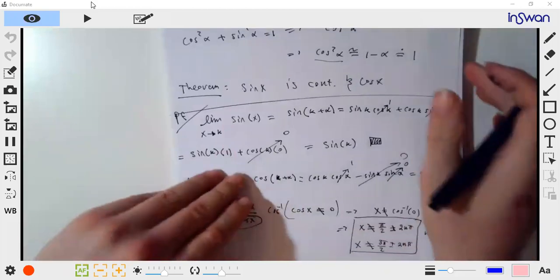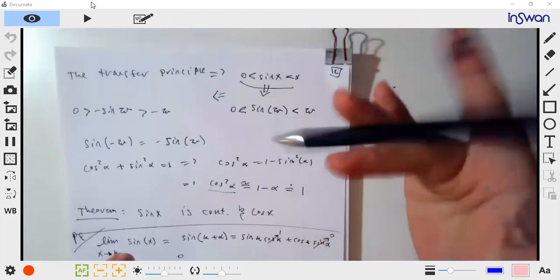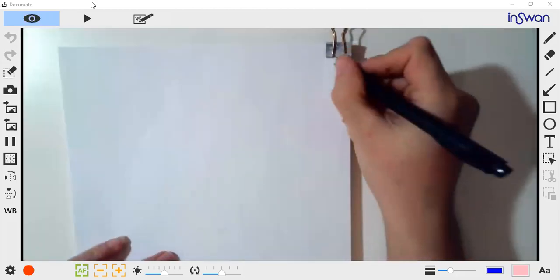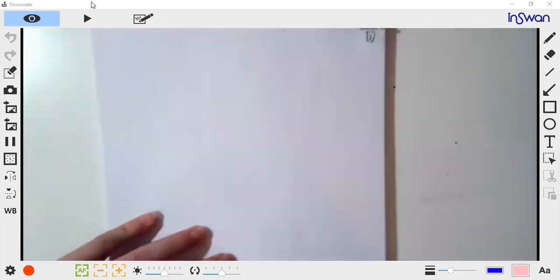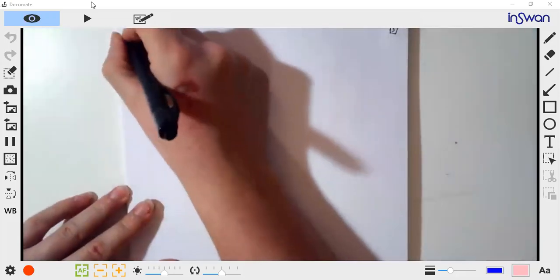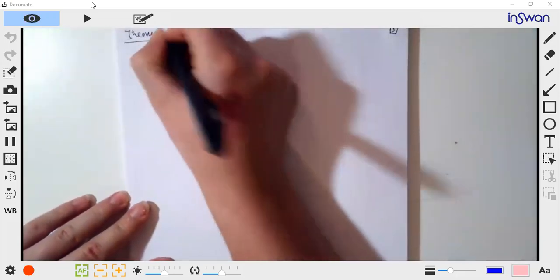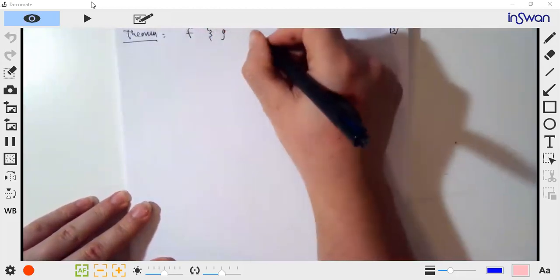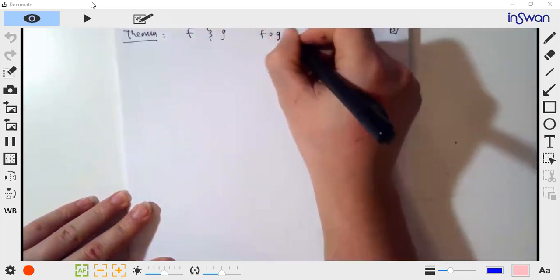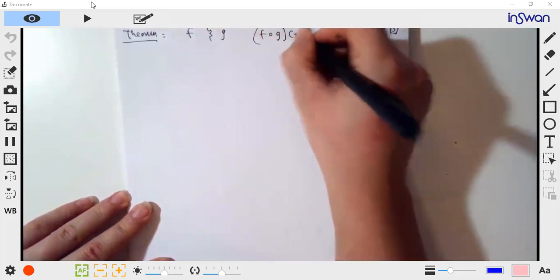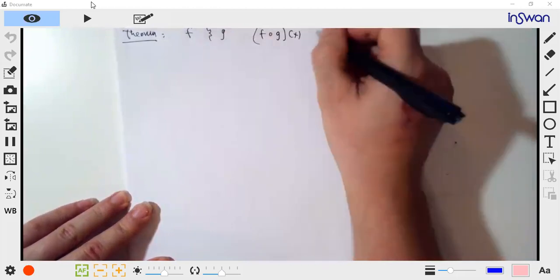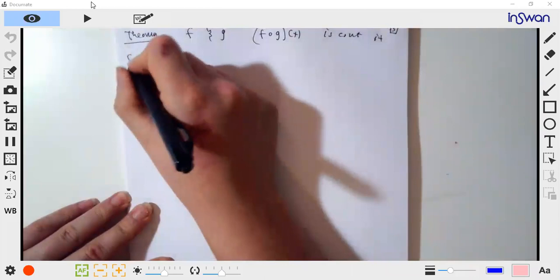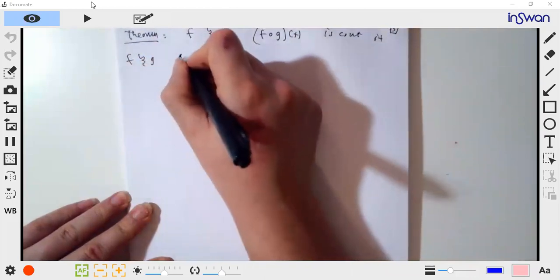But let's prove that the composition of continuous functions is a continuous function. So here's a theorem. For functions f and g, f composed with g of x is continuous if f and g are continuous.